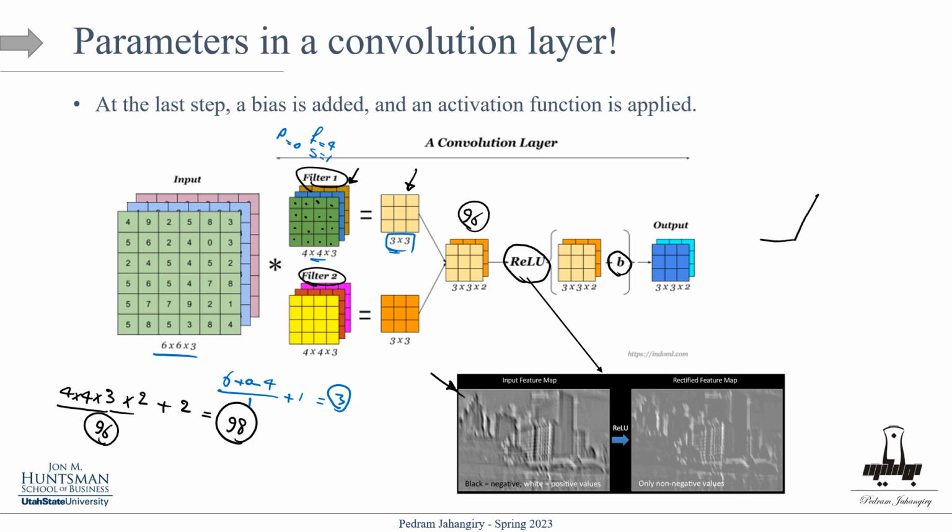These are some numbers; some are positive, some are negative. So imagine in this feature map, the black things are negative numbers in the pixel grid, and the white ones are positive values. If I apply ReLU to this feature map, the negatives are going to be suppressed, and the white ones are going to be transferred identically.